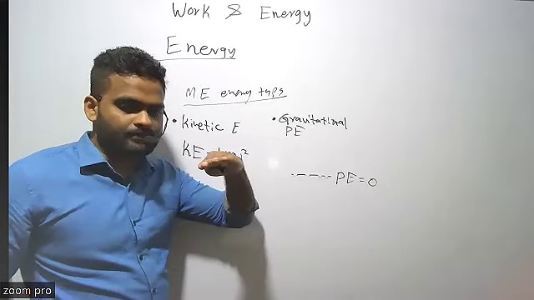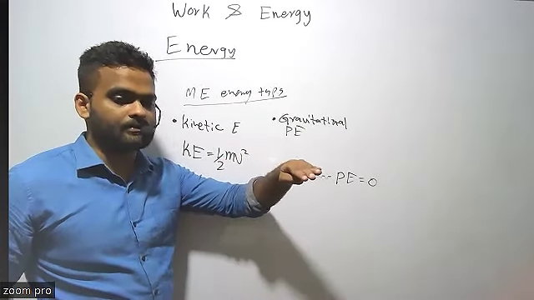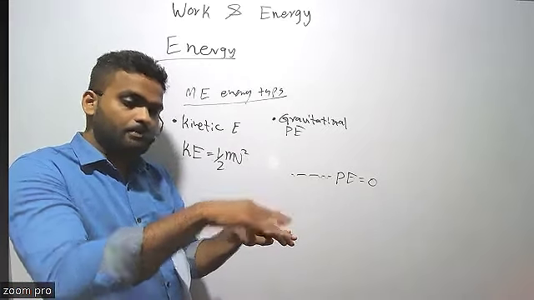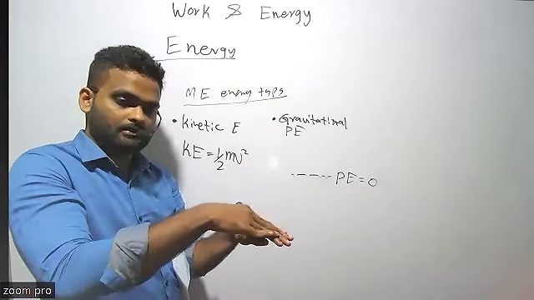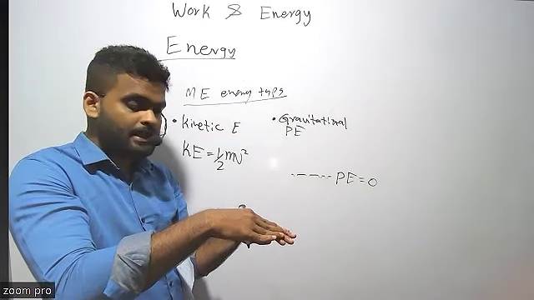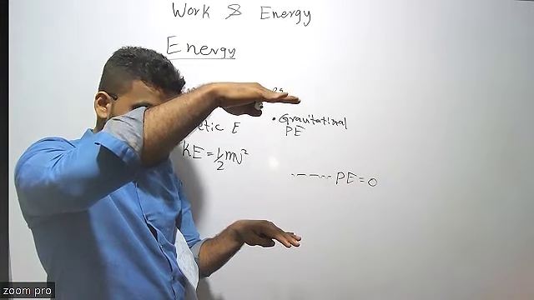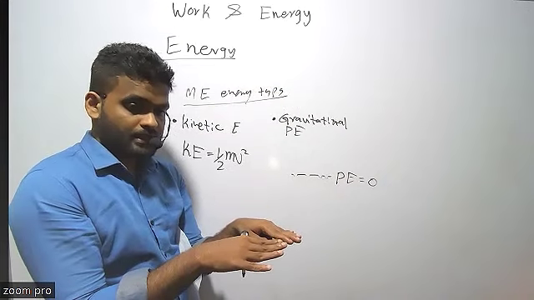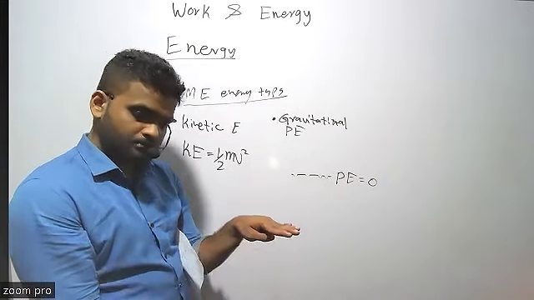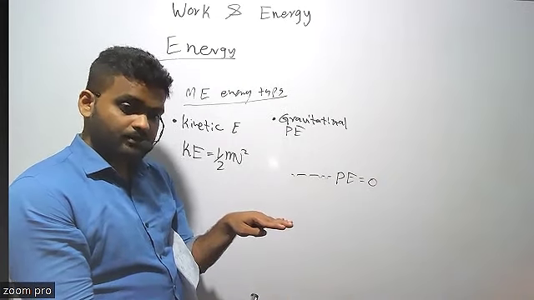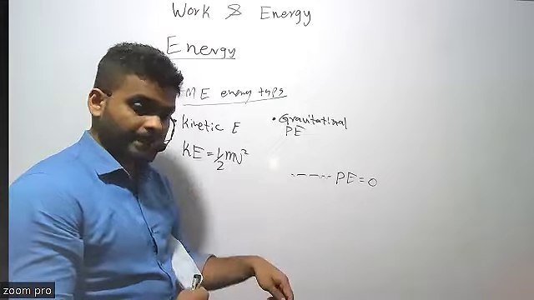That is like a reference line, a reference level. If you lift an object above that reference level, that PE zero line, we consider that to be positive potential energy. If we lower the object below that line, we consider that a negative potential energy.